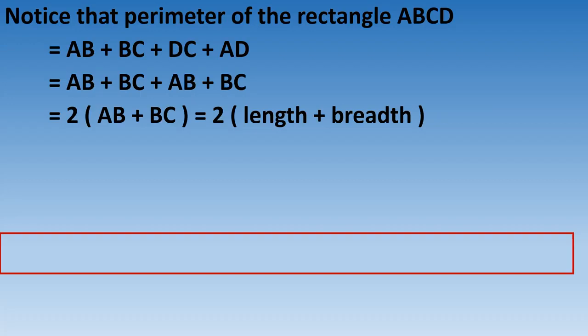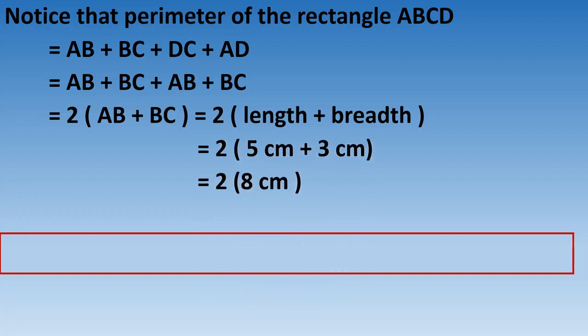What is the length of the rectangle ABCD? Yes, it is 5 centimeter and breadth is 3 centimeter. So 5 centimeter plus 3 centimeter is 8 centimeter. So 2 multiply by 8 centimeter equal to 16 centimeter.